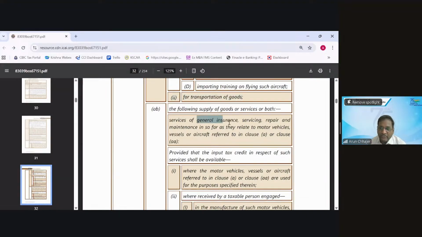Services of general insurance, repair, maintenance, servicing, insofar as they relate to the motor vehicle, vessel, and aircraft referred to in clause A and clause double A. It says that the following supply of goods or services, wherever it is written, service of the general insurance, servicing, repair and maintenance, as they relate to the motor vehicle, vessel, and aircraft referred to in clause A and clause double A. Fine.